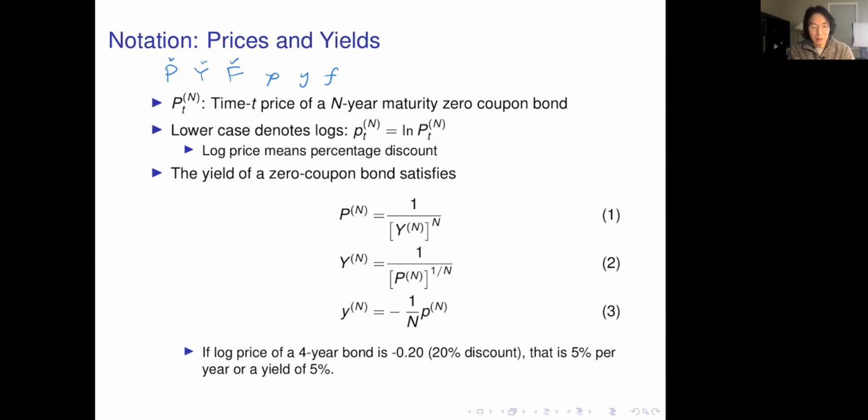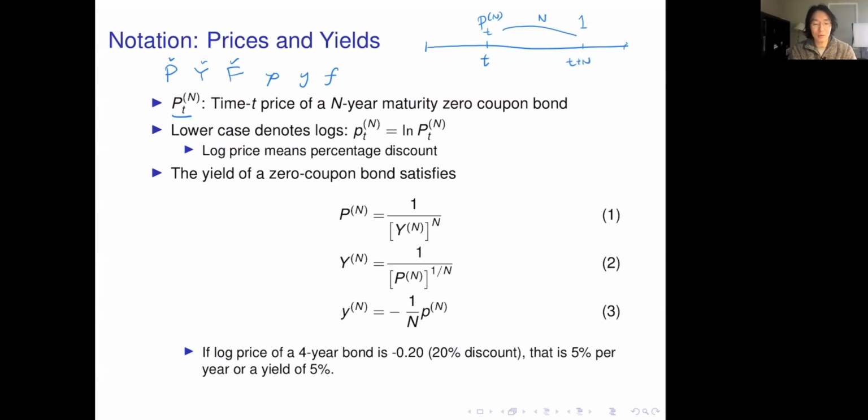So P_t(n) is the time t price of an n-year maturity, zero coupon bond. So you have a time horizon like this. You're currently at time t, and when you are pricing a bond that matures n years after, its payoff is going to be 1.